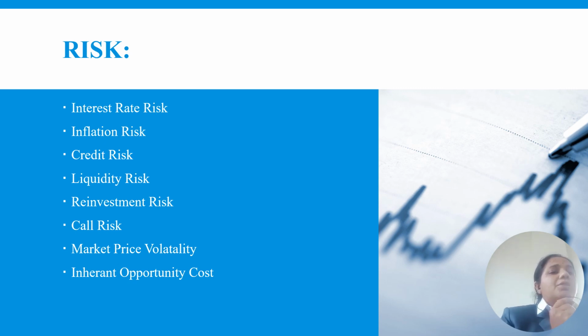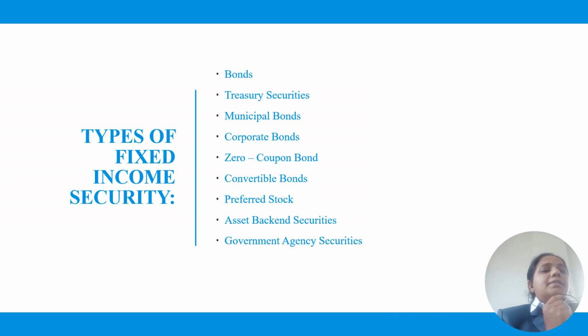While fixed income securities provide a stable income, they may have a lower return compared to riskier investments, resulting in an opportunity cost for the investor seeking higher potential returns. Next, types of fixed income securities. Bonds. Bonds are debt securities issued by governments, municipalities or corporations to raise capital. They typically pay periodic interest to the bondholder and return the principal at maturity.